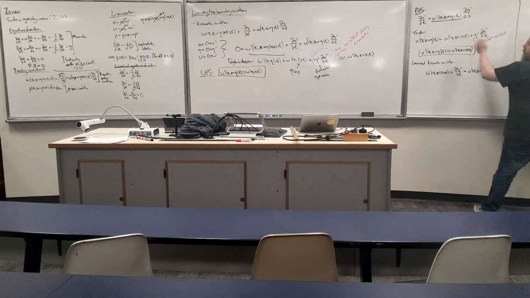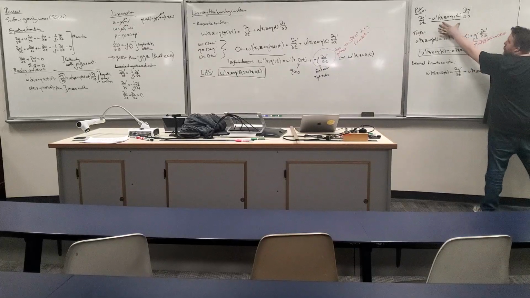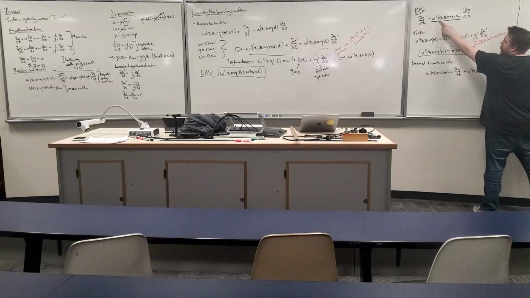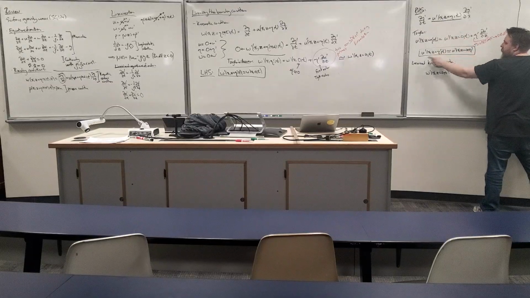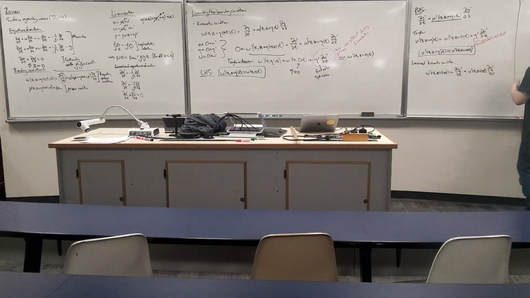That's just we've taken this top equation and, rather than evaluate u prime at eta, we're using Taylor's theorem to evaluate it at 0.